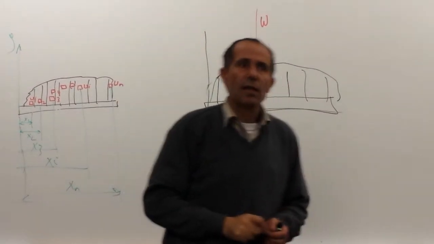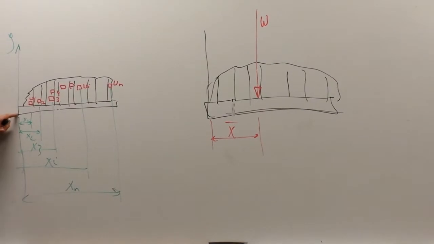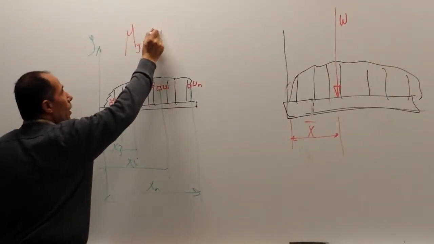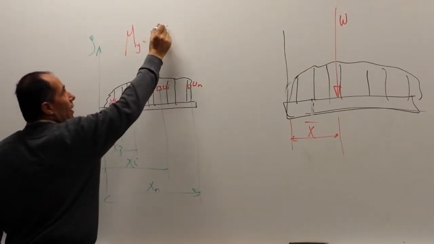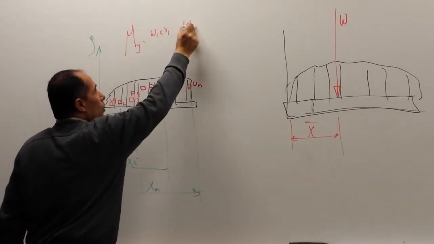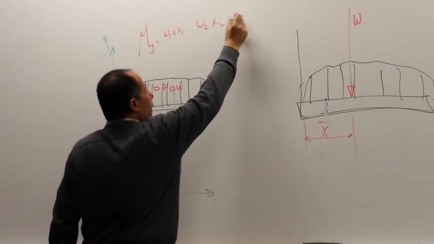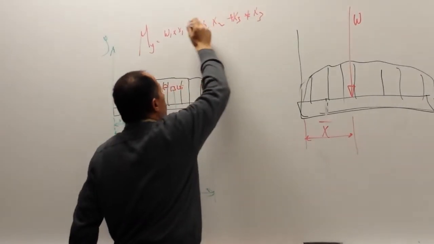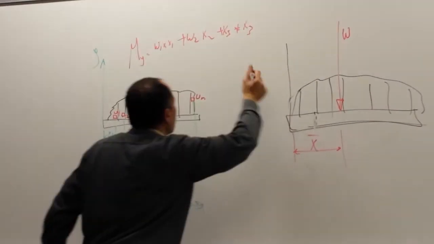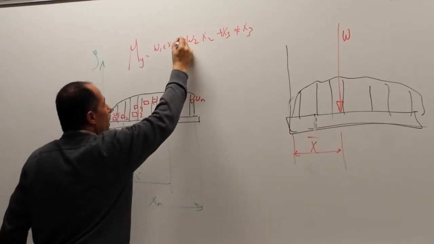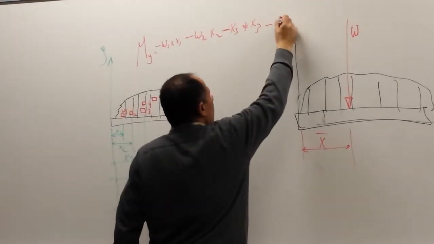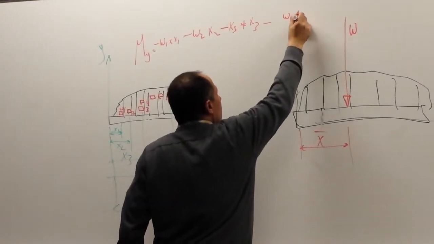Agree? Let's look at the moment on the y-axis. The moment here on the y-axis is going to be W1 times x1, W2 times x2, W3 times x3, positive, positive, or if you want to call it negative, negative, negative, up to Wn xn.